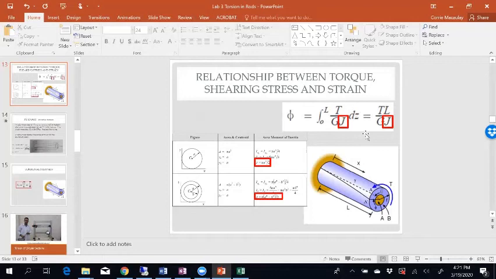Well, it depends on which axis you put TL on, right? But in this case, if I put G at the top, if I try to equate what G is from this equation, G would be equal to TL over J times phi, right? So if TL is on your y-axis and J times phi is on your x-axis, the slope of that graph should be, in fact, your shear modulus of rigidity, right?